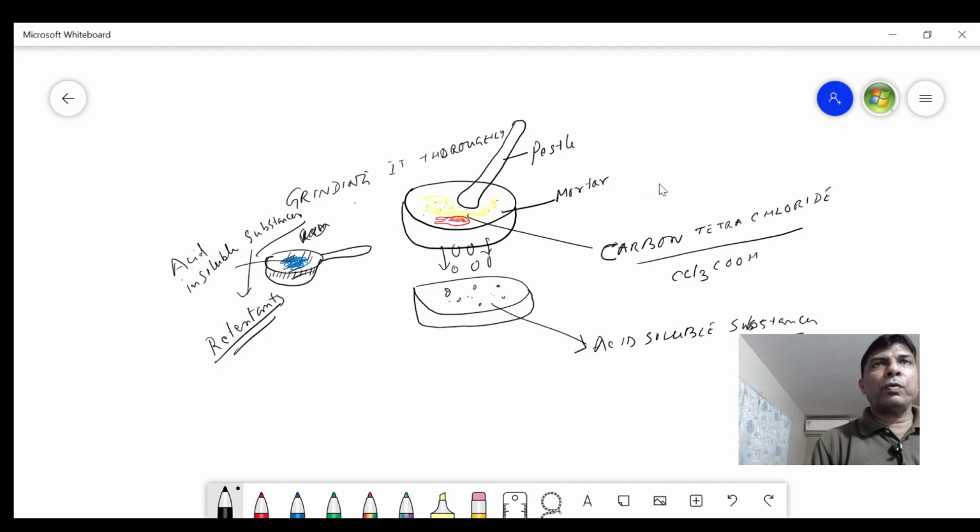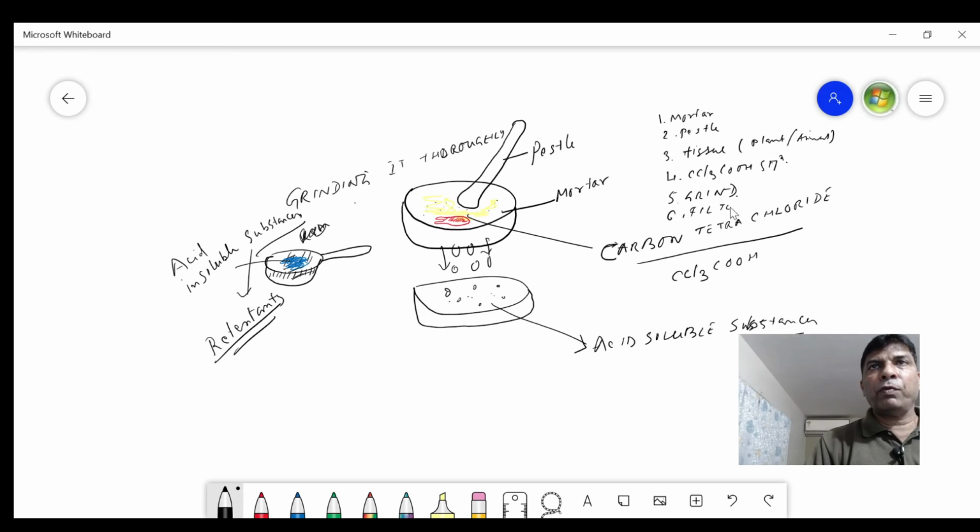What we have done in this experiment: we have taken a mortar, then a pestle, then a tissue, maybe from plant or from animal, and then carbon tetrachloride solution. Then we have to grind it thoroughly, then filter it.